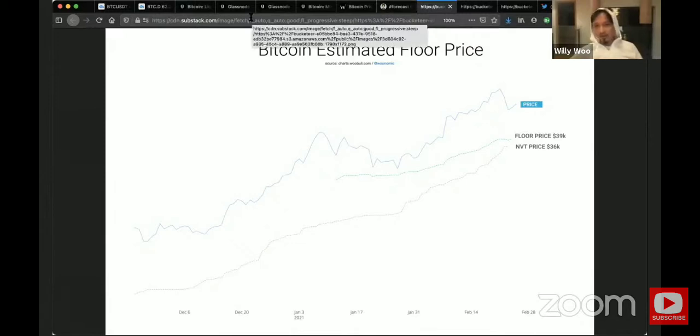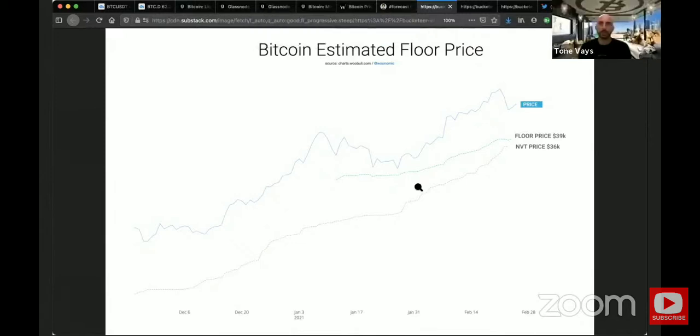Do you want to jump in, Willy? Since you touched on it, do you not see much of a correlation between Bitcoin and the traditional stock market, S&P or Nasdaq? Because Bitcoin has been pulling back over the last few weeks, or over the last week, and so has the stock market as well. I still see correlation there, at least directionally.